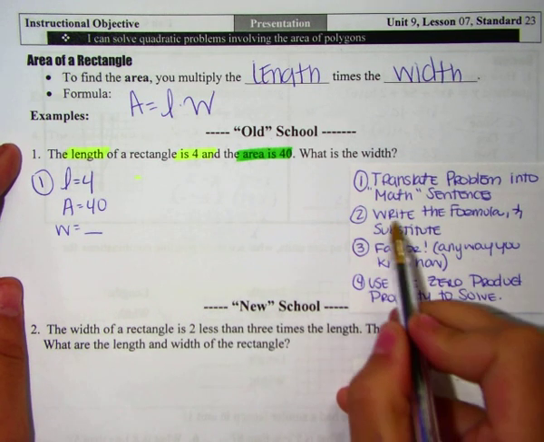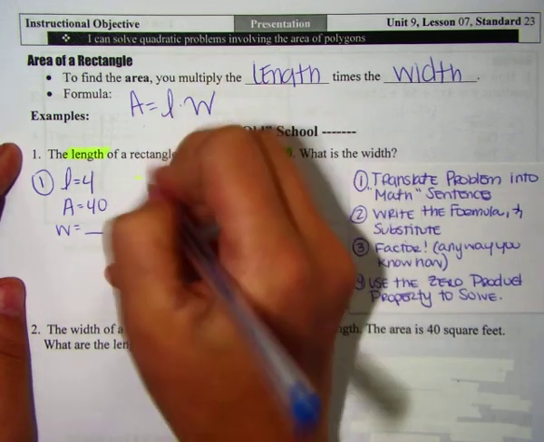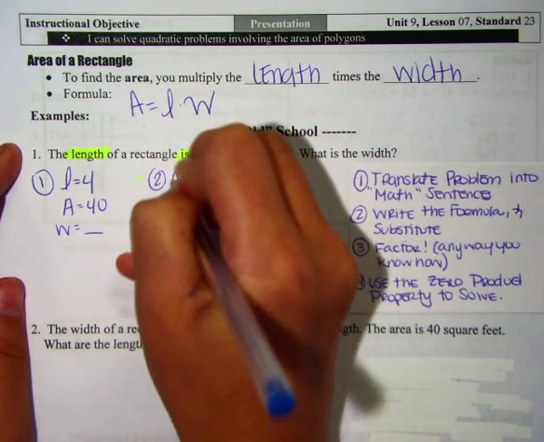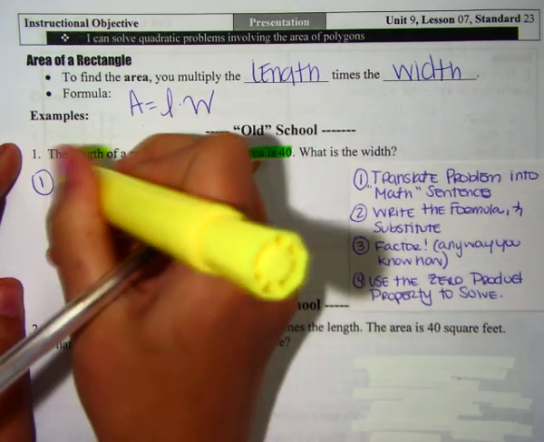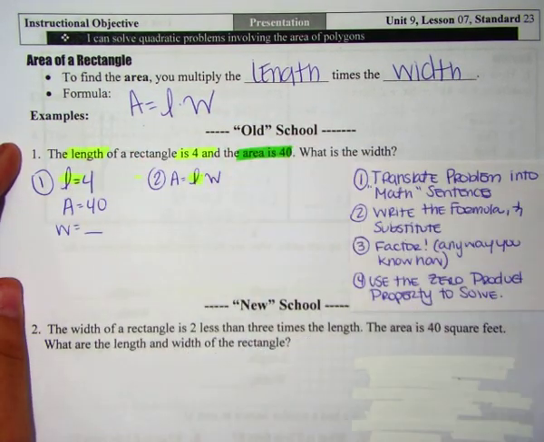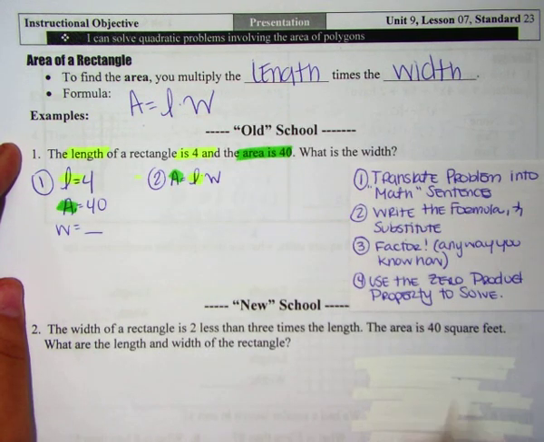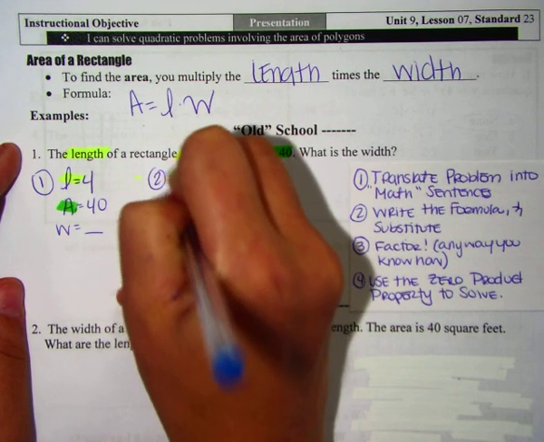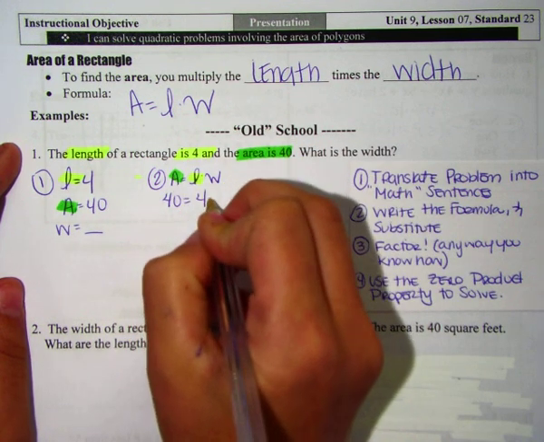Now we're going to write the formula and substitute. We're going to write the area formula. Area equals length times width. And we're going to substitute 4 in for L and 40 in for A. So this will be 40 equals L, which is 4, times the width.